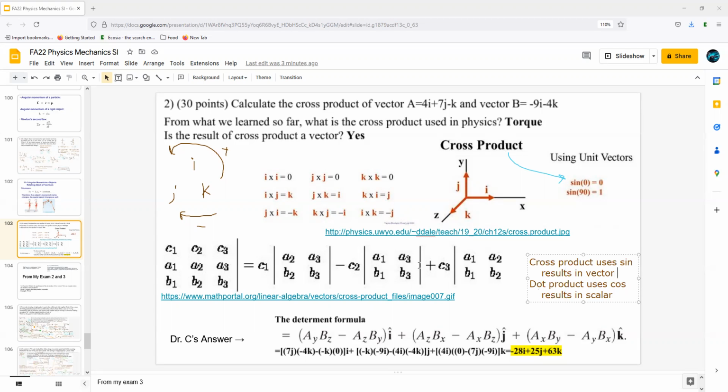So a vector has direction and magnitude, whereas a scalar only has magnitude. So scalar would be like work. Cross product would be like, I believe here we're using it for torque, right? Something like that. Yeah, for torque.